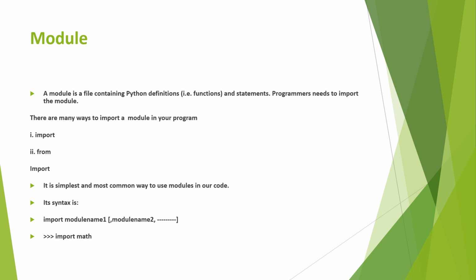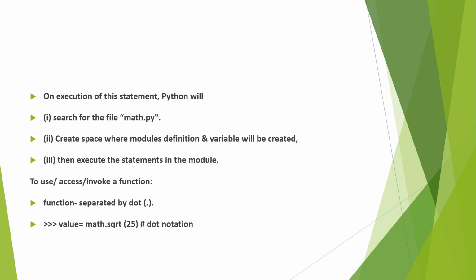If you want only one part, say for example only the square root part, then you can go for from. For example, check the last statement, import math, which imports all the math functions that are part of the math module.